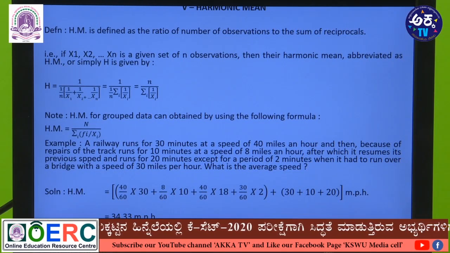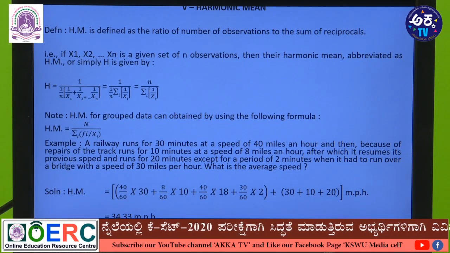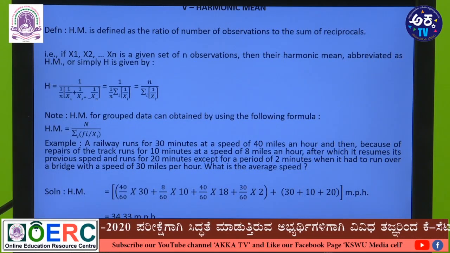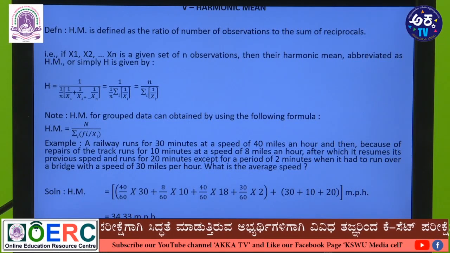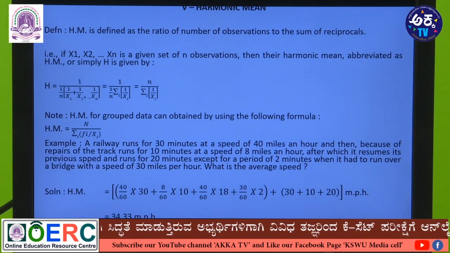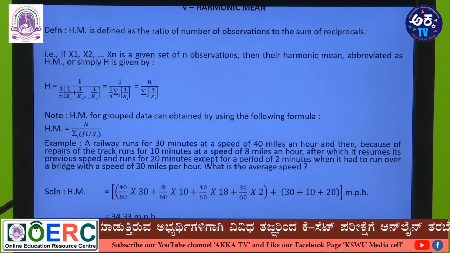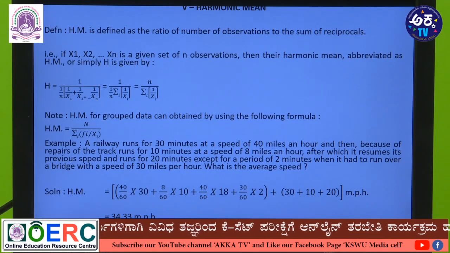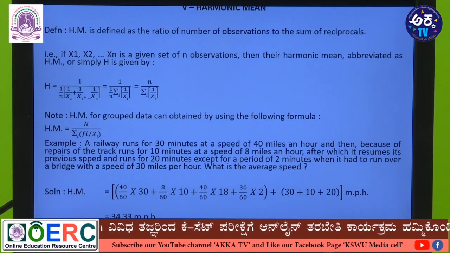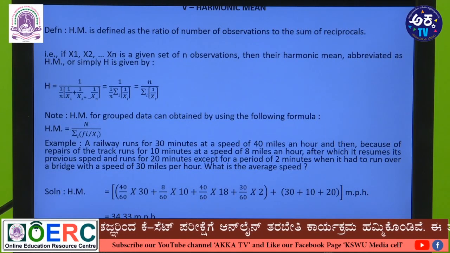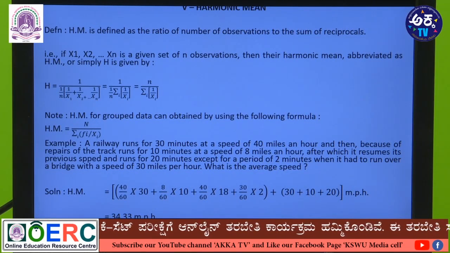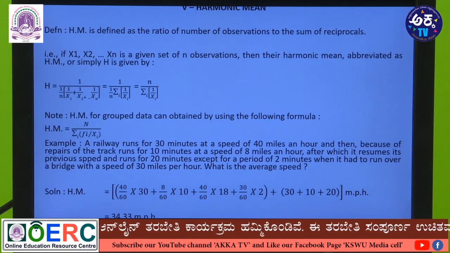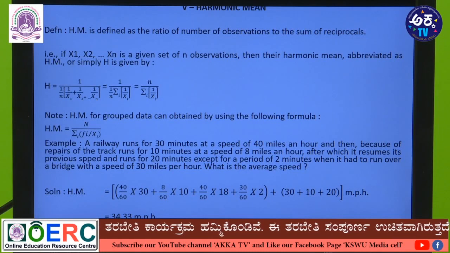Out of the total distance covered, it is 60, and therefore, it is 40 divided by 60 into 30, speed of one portion of the journey, plus 8 by 60 into 10, speed of the train of another portion of the journey, plus 40 divided by 60 into 18, again third portion of the journey, plus 30 by 60 into 2, the journey of the train of the last portion.